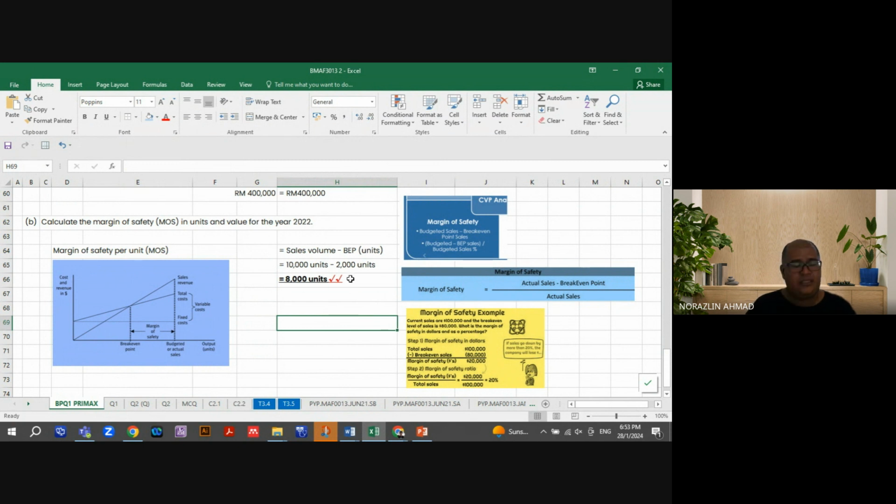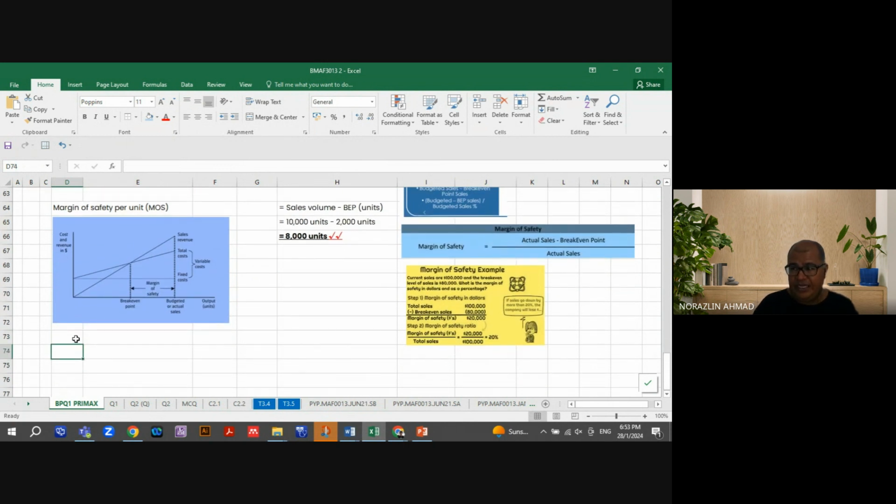For this, you will get 2 marks for units. And then margin of safety in value. The formula is very simple. MOS per unit, and you want the value, so you times by selling price. 8,000 times by RM 200.